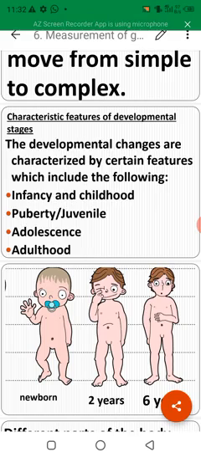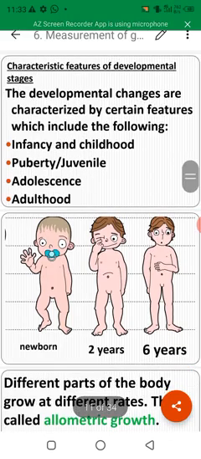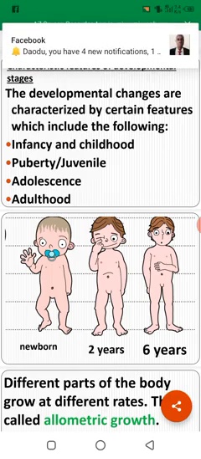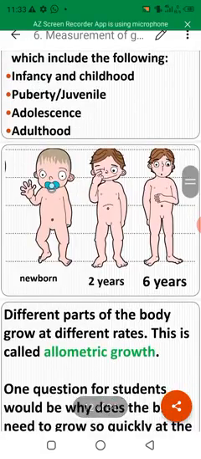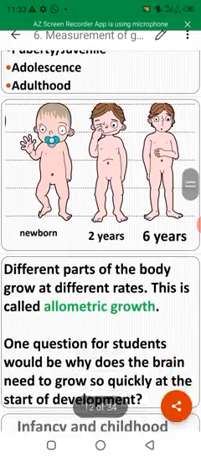The developmental changes are characterized by certain features, which include, number one, infancy and childhood. Number two, puberty and juvenile. Number three, adolescence. Number four, adulthood.